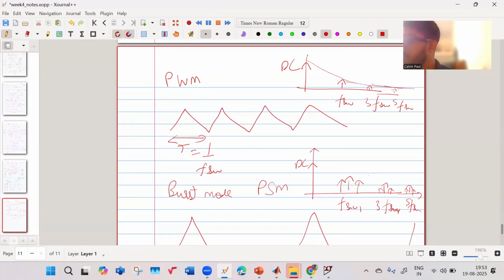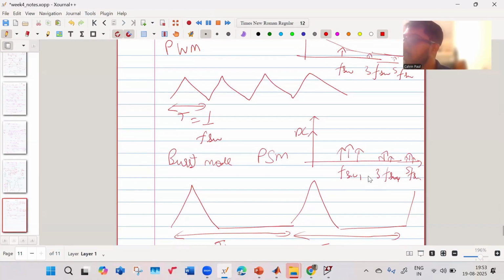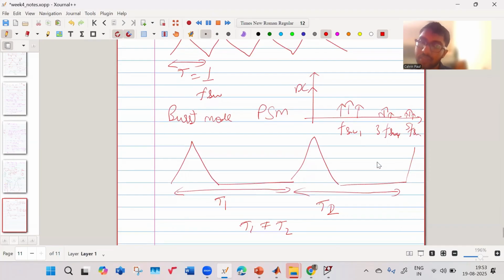In this case, there might be a scenario where at a higher frequency, your spectrum content might be more or less. It is not consistently reducing. That is why burst mode and PSM don't have a constant switching frequency, and even in steady state the frequency is sometimes high, sometimes low. That's why they suffer from the non-monotonic spectrum.